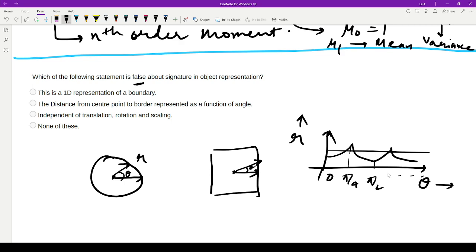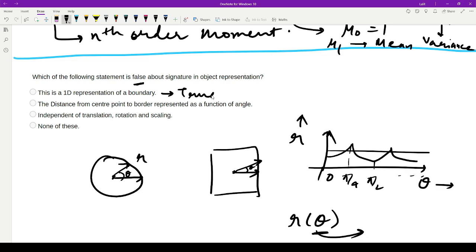Okay. Which of the following statements is false? We'll see. This is a 1D representation of a boundary. So is it a 1D representation? Yes, no. r is only a function of theta, right? Theta is a single variable. So is it a 1D representation?